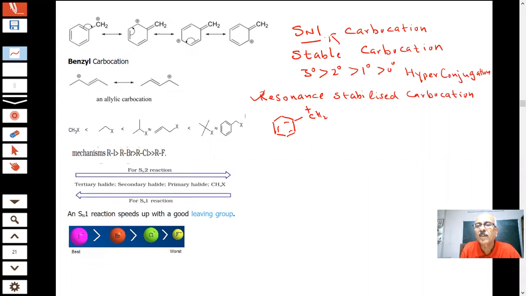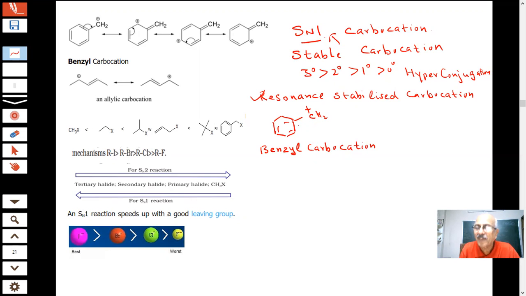If I put CH2Cl, what is the name of that compound? This is benzyl chloride. This is our benzyl carbocation.